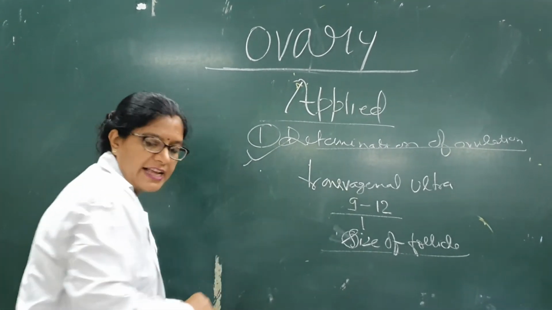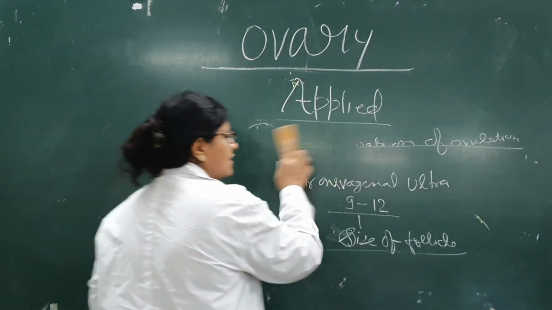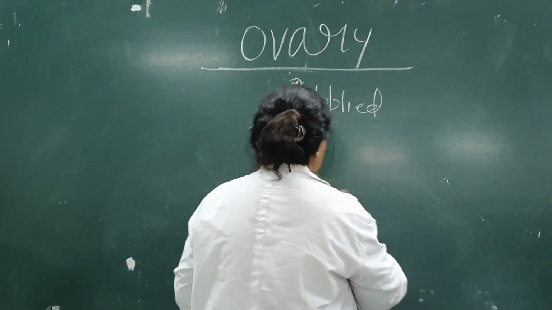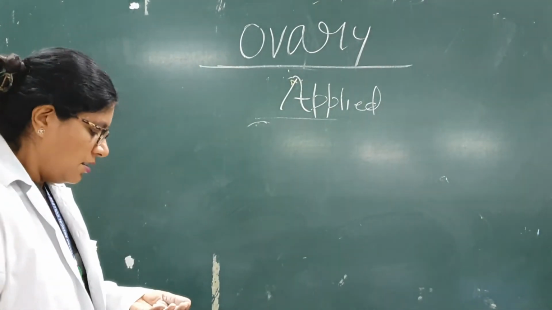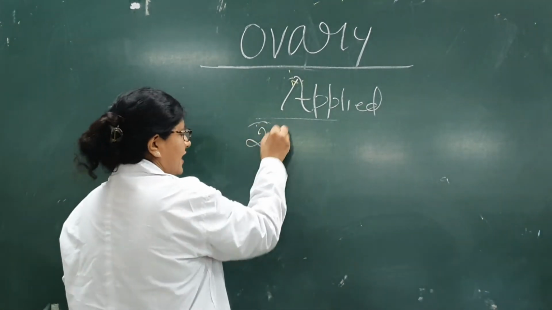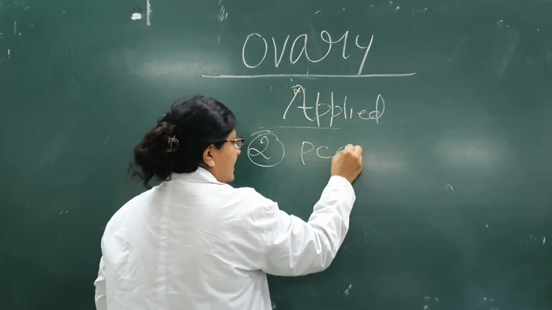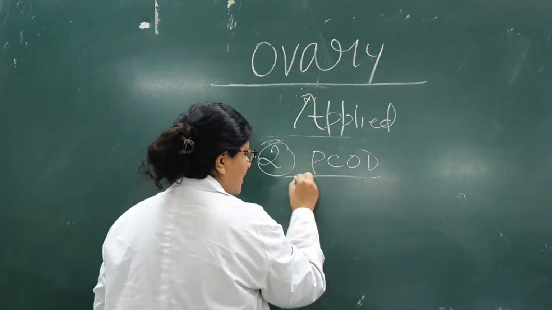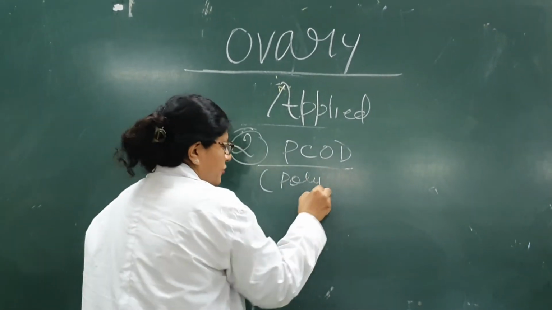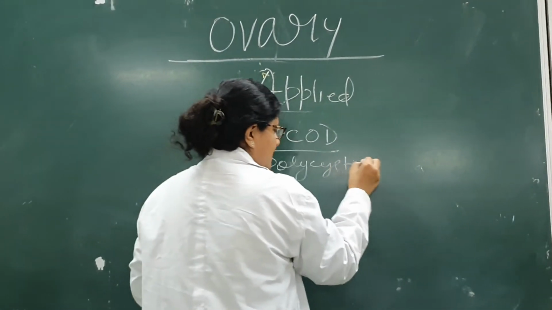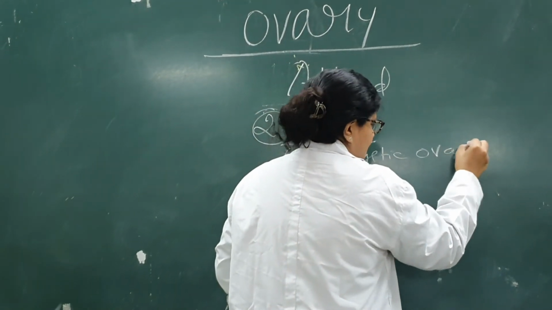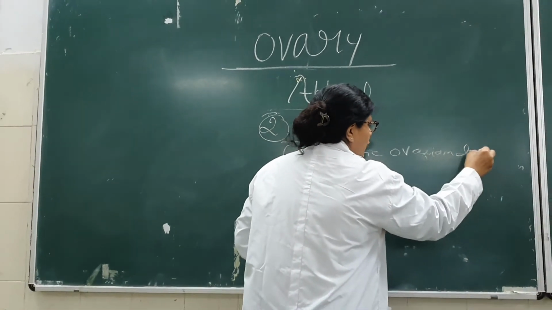Now, what is the second thing? Ovarian carcinoma. It is quite common. Okay, so first we will read about PCOD, that is polycystic ovarian disease, which is also very common. So what do you mean?